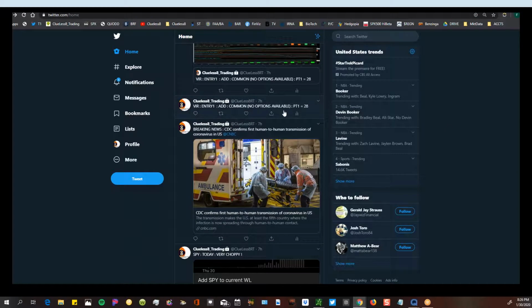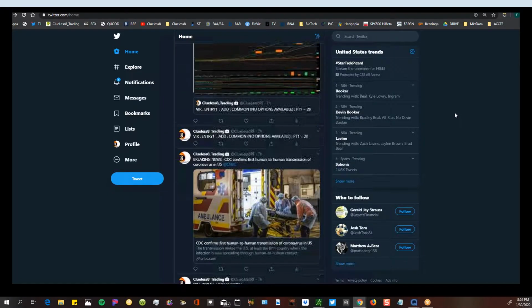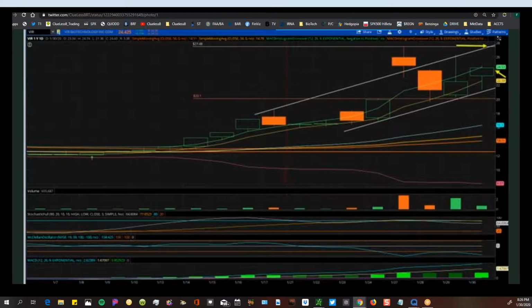Just for the heck of it, I bought a couple of shares. There's no options on this stock, VIR, at around 24. It's pretty much around the same level. But it is a virus company working on a vaccine, and with this thing spreading, I'm looking at 28 on the stock. So I put out a chart for people to see.